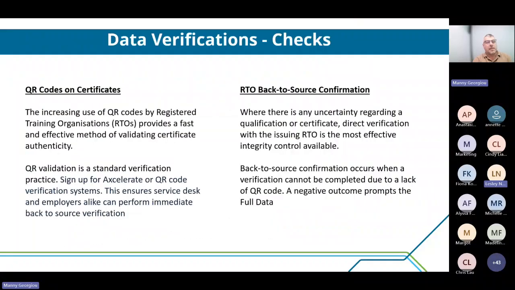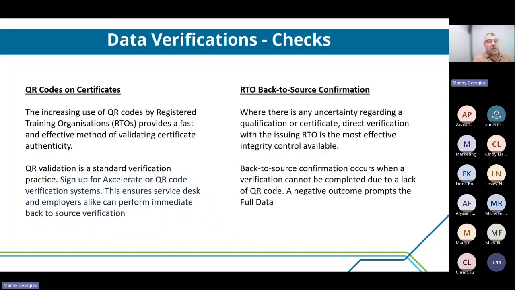Now, as part of that, what are some of the things that MTA actions? A couple of things that we look at. So for those registered training organisations that use QR codes, this is one of the most effective tools for verifying whether a document is in fact what it states it is.